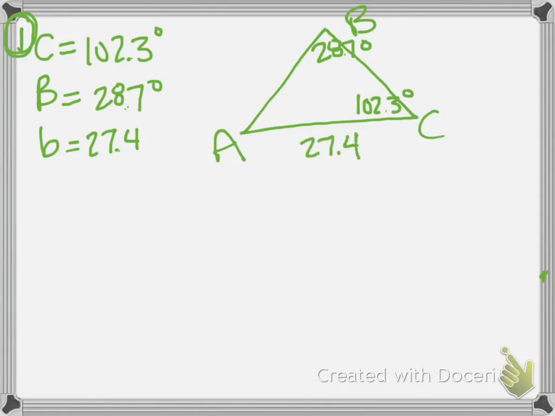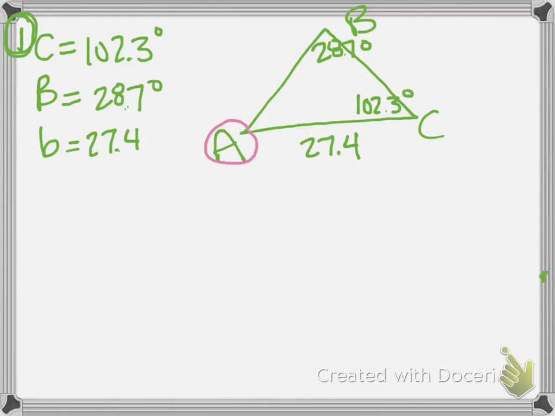So, the first thing I recognize is I have to use the law of sines because I do not have a 90-degree angle. So I have an oblique triangle here, and I have to find all of the missing pieces. I think the easiest one to find first is my angle A. All the angles in a triangle have to sum to 180.